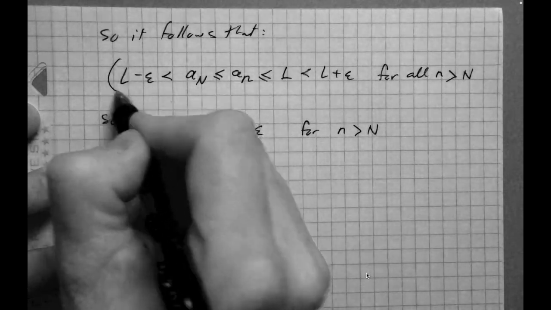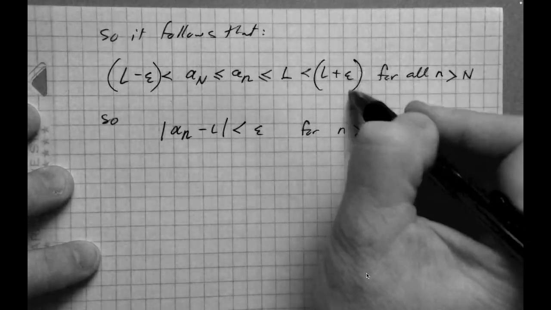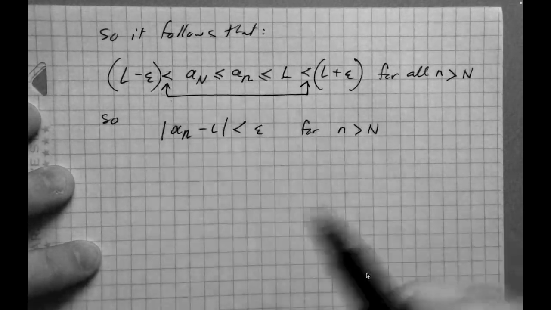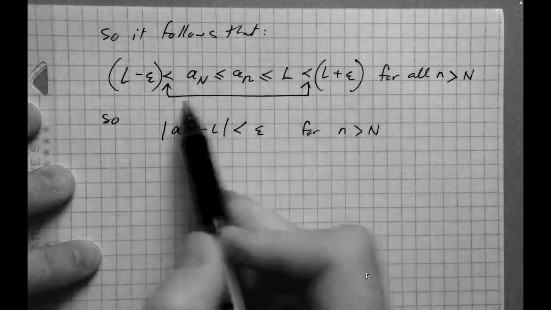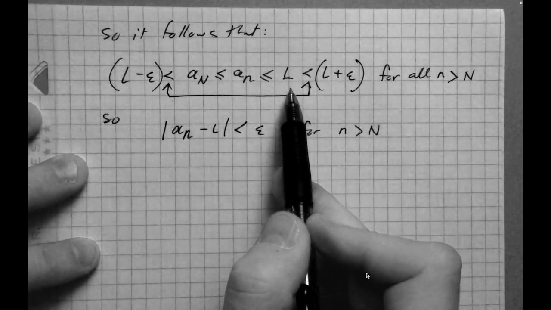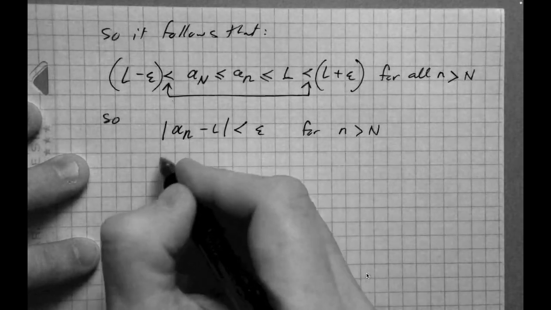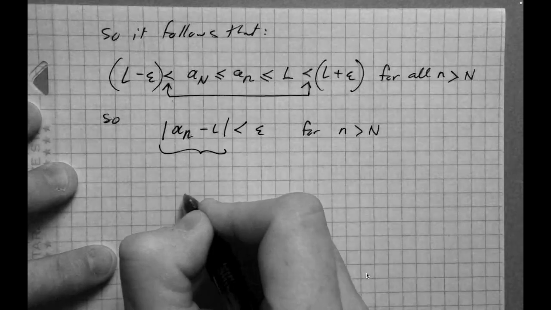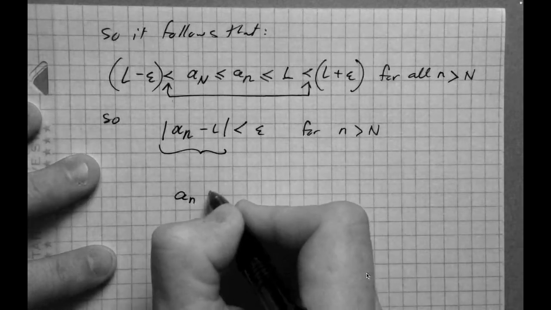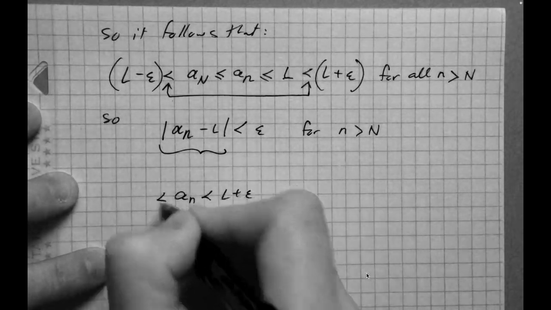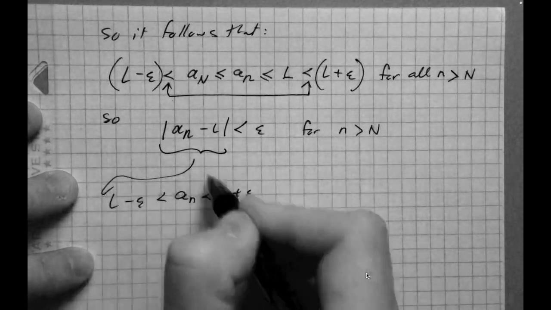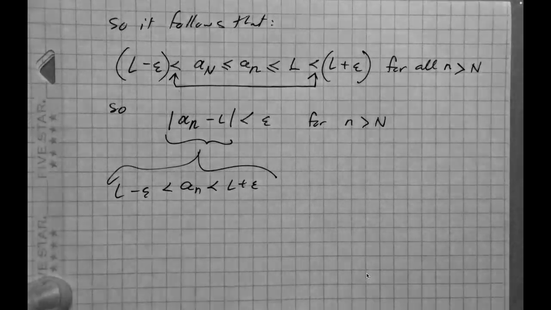So here's your L minus epsilon, here's L plus epsilon. Notice here you've got strict inequality. If you were to expand this out, it would be A sub n less than L plus epsilon, and A sub n greater than L minus epsilon. That's just how you would expand this absolute value.